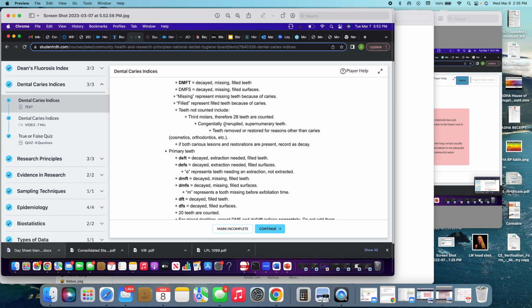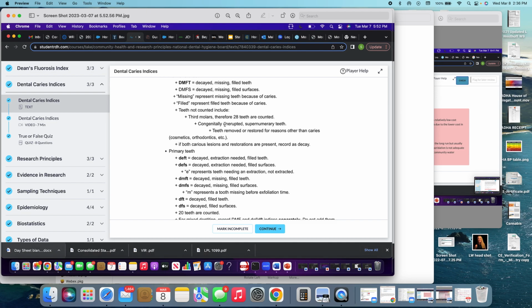But it is not something that's technically within my scope of practice to be saying if a tooth should be extracted or not. So from a dental hygiene professional experience, that's probably why I've used more DMFT scores than DEFT scores. A lot of the settings I've worked in, we did not have access to radiographs, so we couldn't do surfaces. So we were just looking at the tooth as a whole.